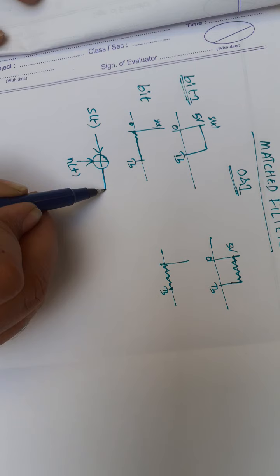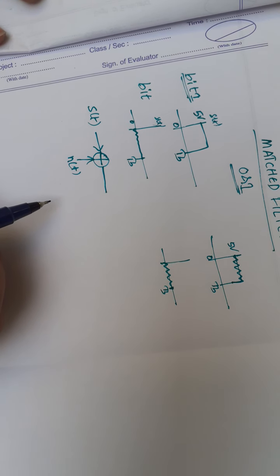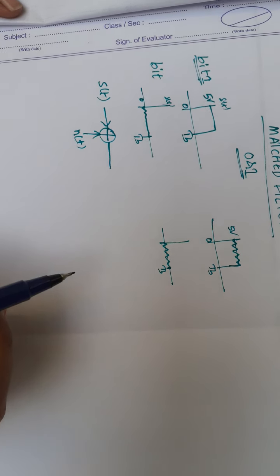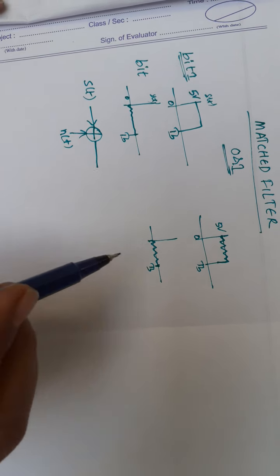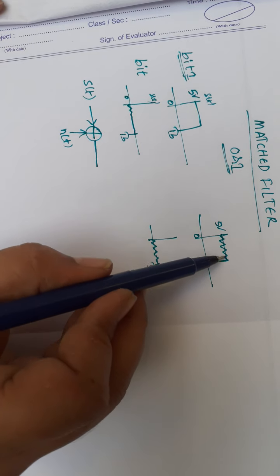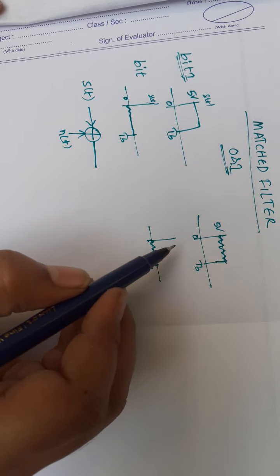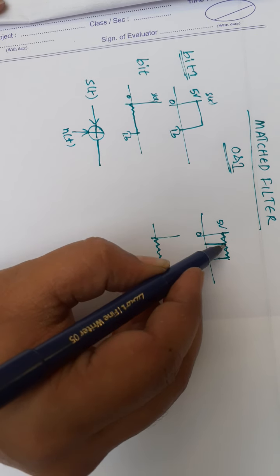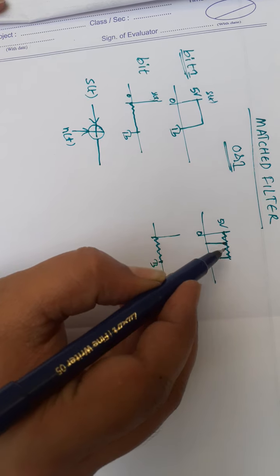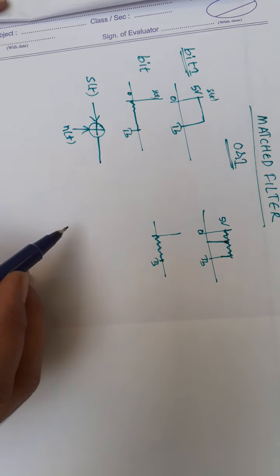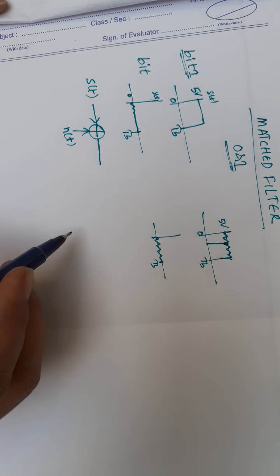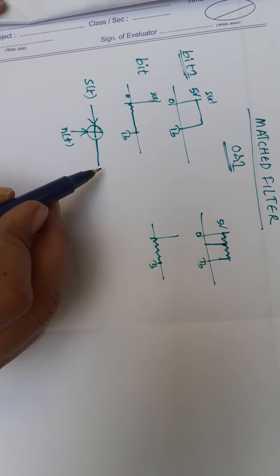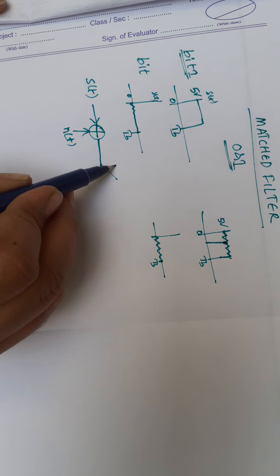At the output, if the signal is affected by the noise, we cannot take the exact voltage, so we have to take a sample value in the TB duration. We can take the sample value anywhere.